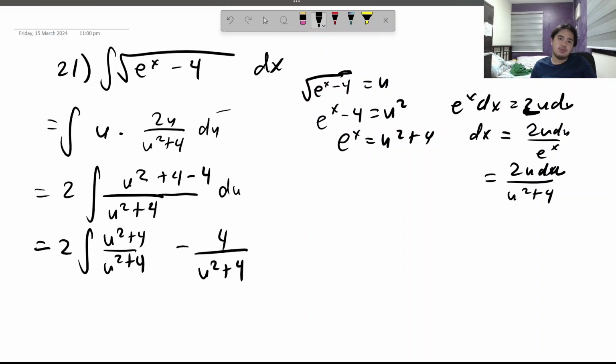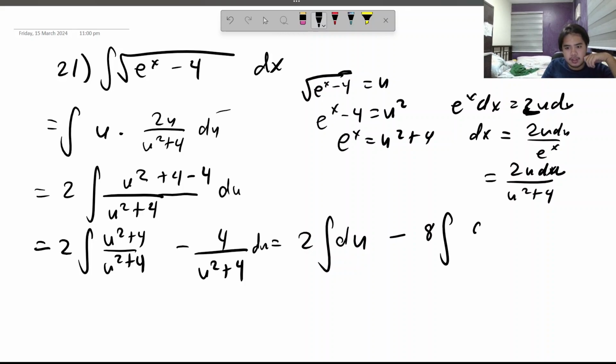But you can absolutely use the other one, which is long division. Now, separate again. 2 integral of u squared plus 4 over u squared plus 4, that becomes just 1. So it's just du. Minus, and then 2 times 4 is 8.